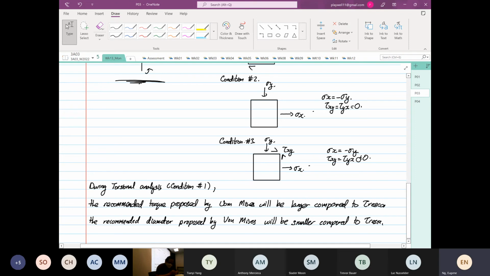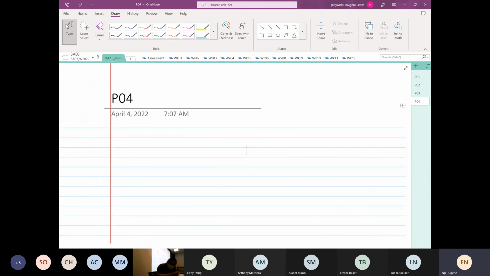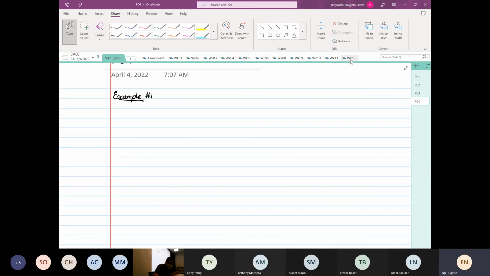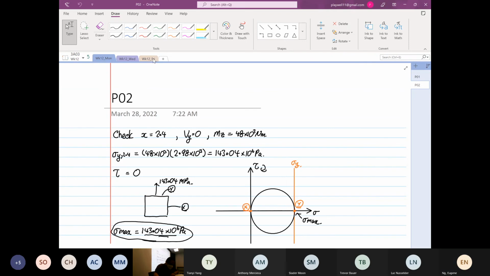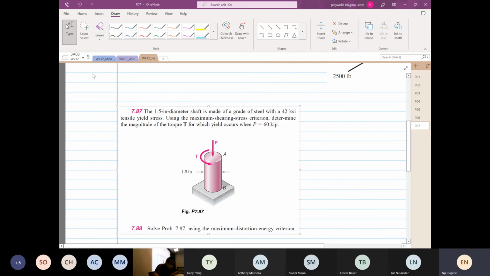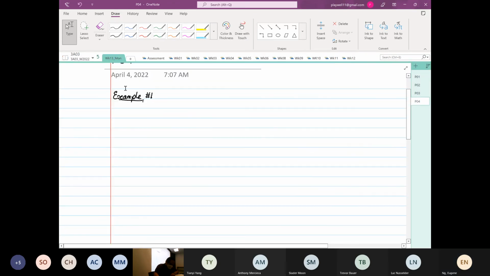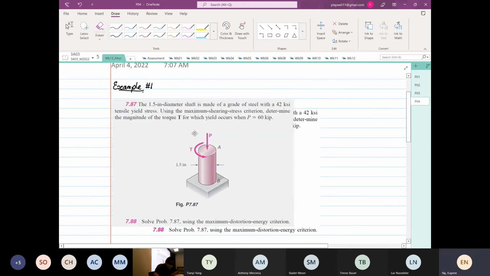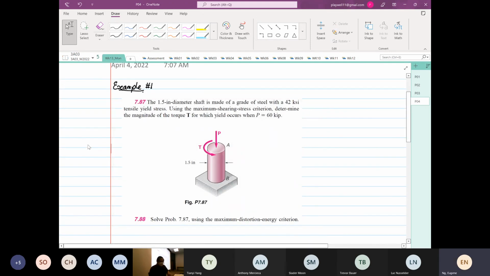Okay, so we know the theory now. Let's look at an example. If you were to look into last week's notes, on a Friday, on the example, we have a shaft of 1.5 diameter of steel with a yield strength of 42 KSI.